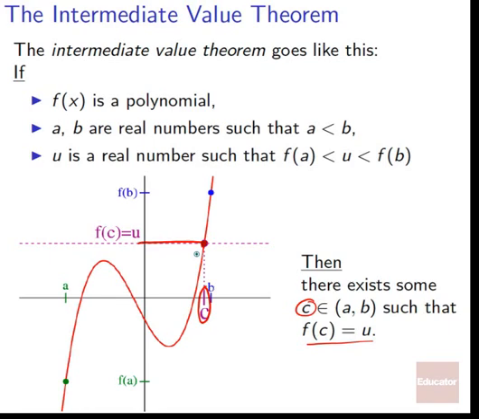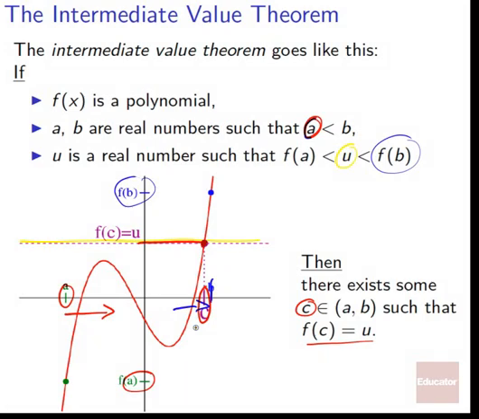So basically, if we've got some height u, and that height u crosses between two different heights, we have 2 points going from left to right. So we're going from left to right, and we cross over some height during that. We start lower and then we end above. We're guaranteed that we had to actually cross it, right? We had to go across it.